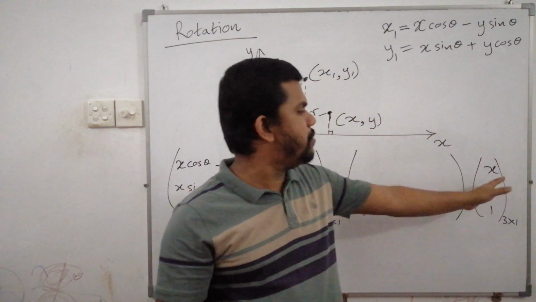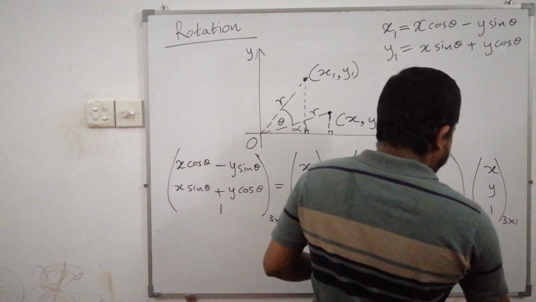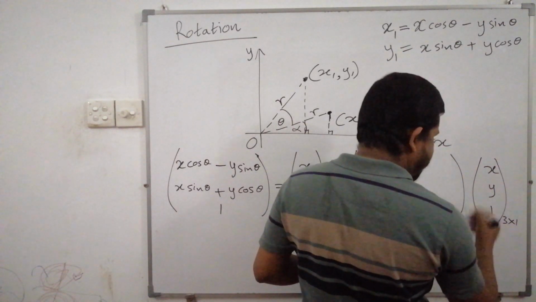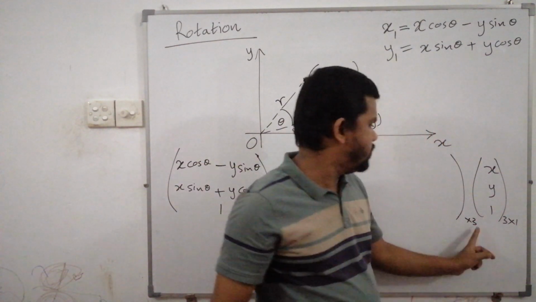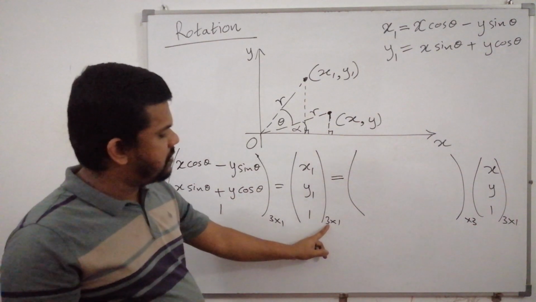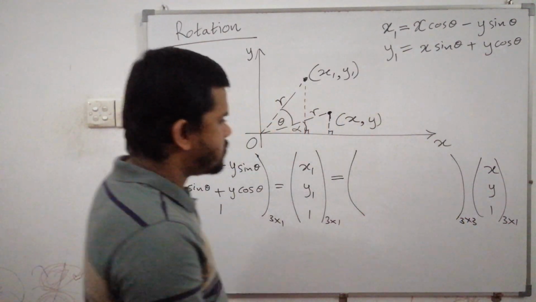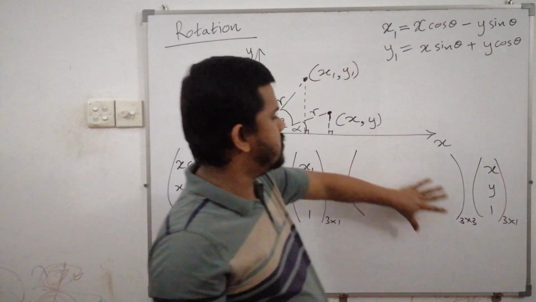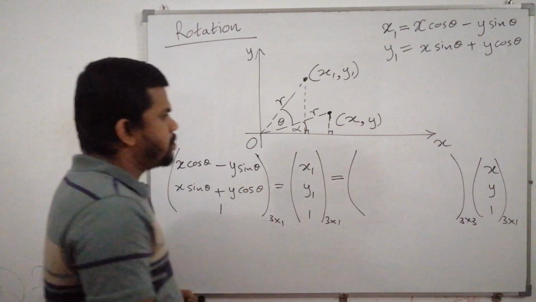So in order to be able to multiply these two matrices, what should you do? The type should be something cross 3. Here 3 and here 3. Now the number of rows in this matrix is 3. Therefore here it must be 3. Therefore this is a 3 cross 3 matrix.